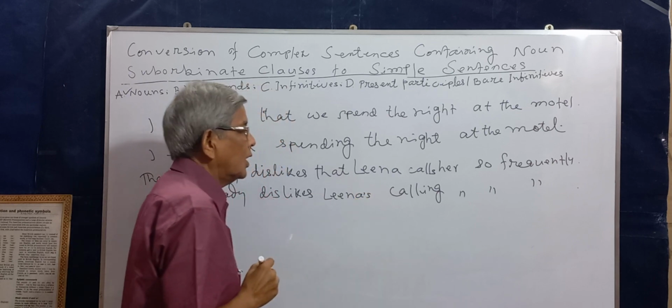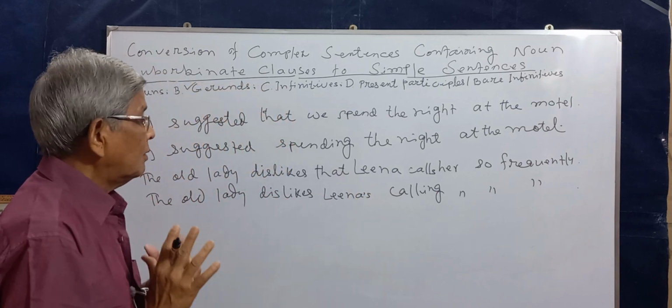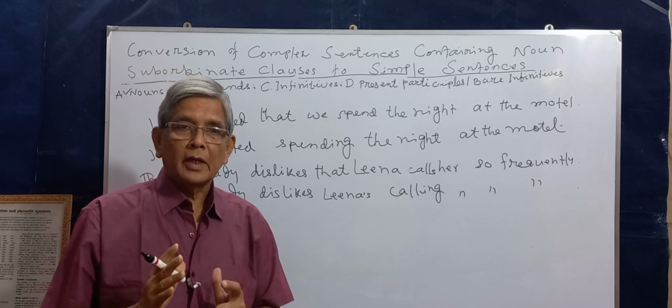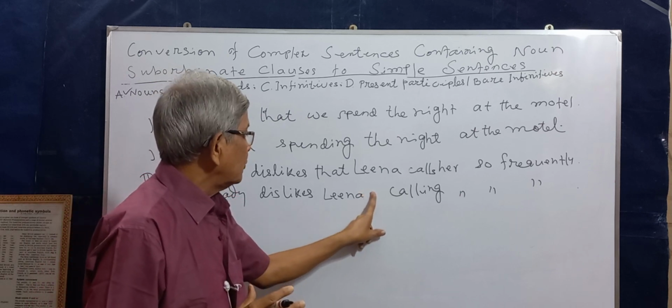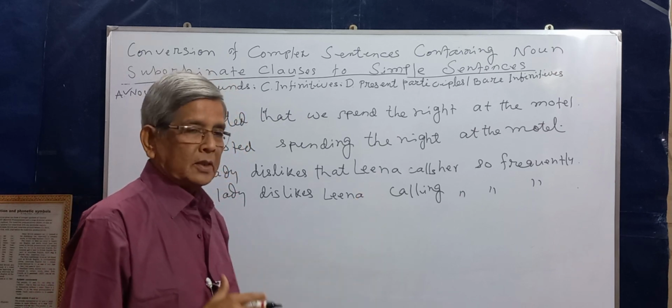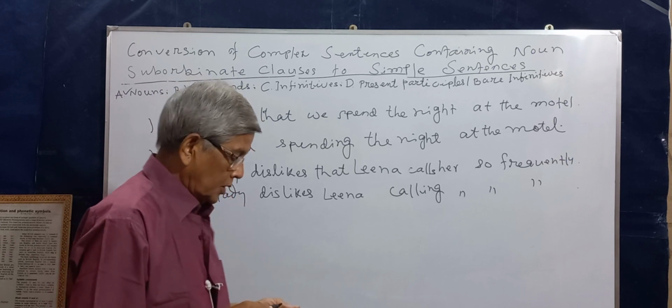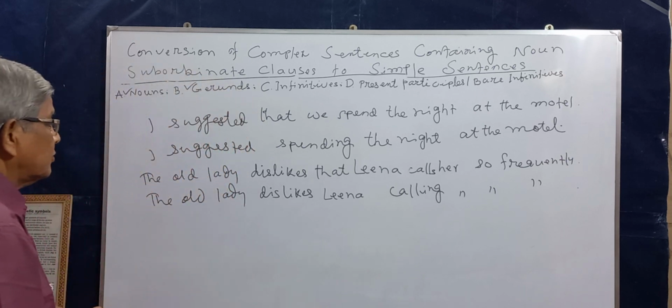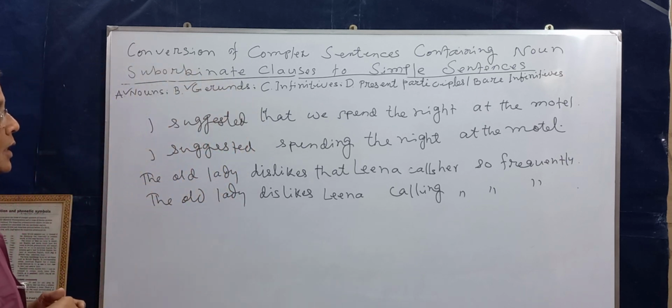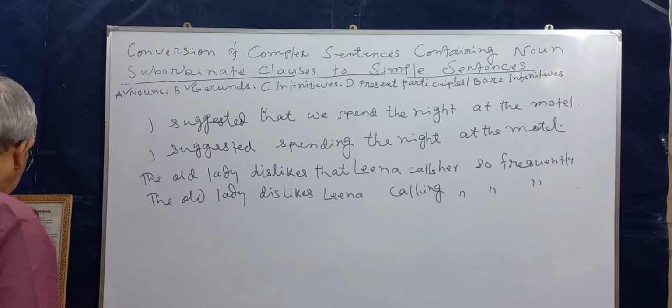Lina's calling her so frequently. But again, in informal English, you can use the same form as in the case of a common noun. The old lady dislikes Lina calling her so frequently.